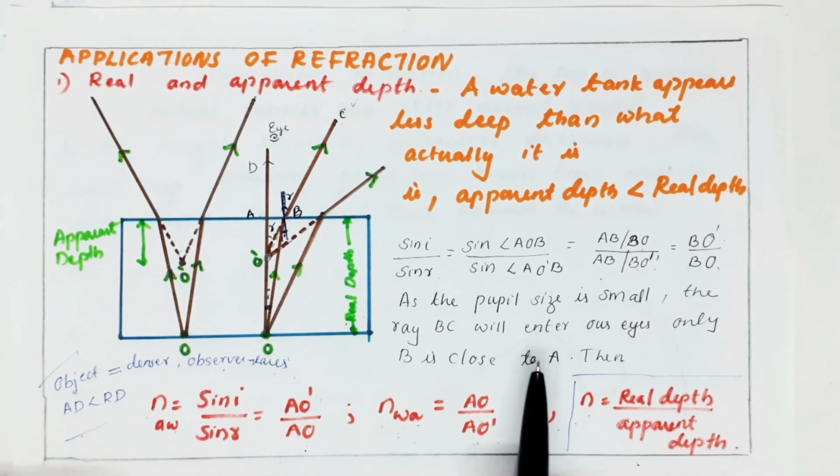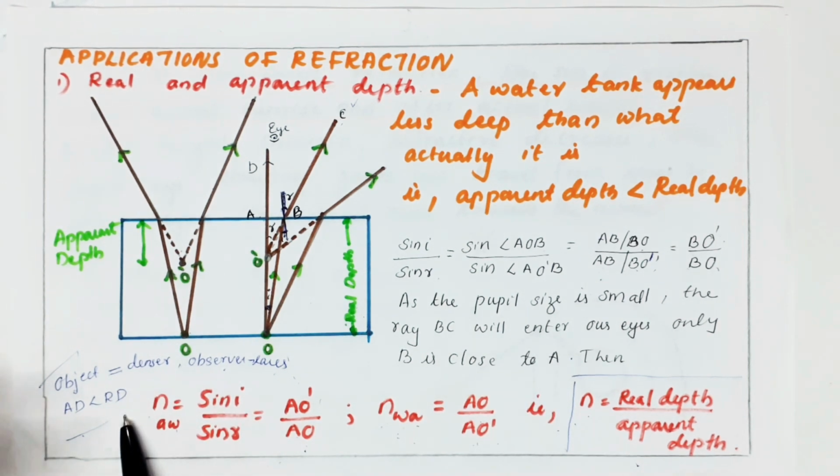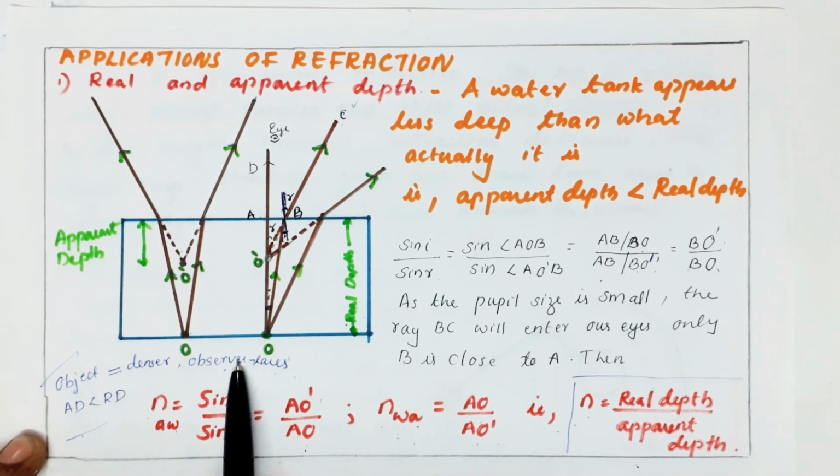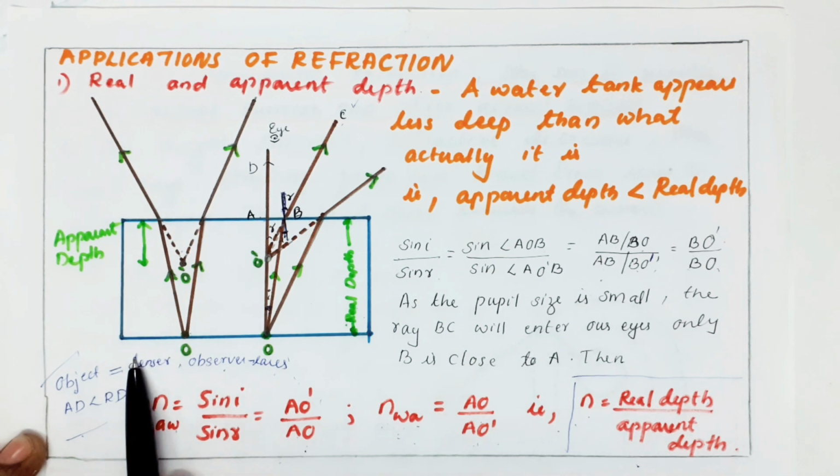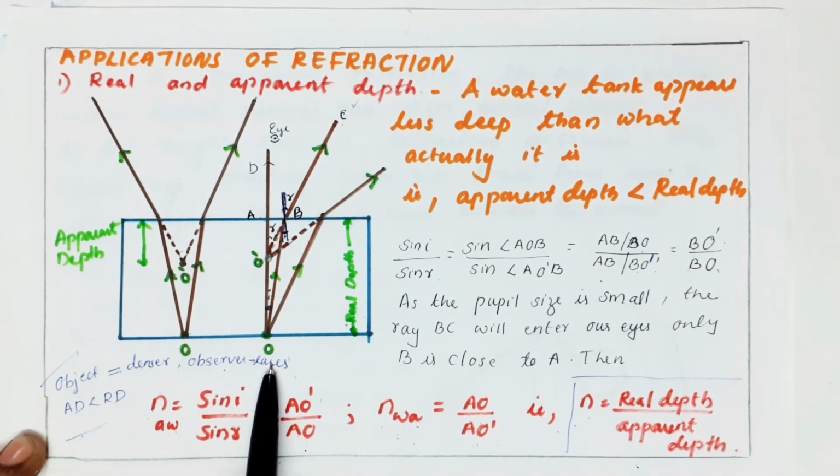But there are situations in which the apparent depth is greater than the real depth. It's just the opposite criteria. The object should be in a rarer medium and the observer should be in a denser medium. For example, assume that a person under the water is observing a bird flying in air.